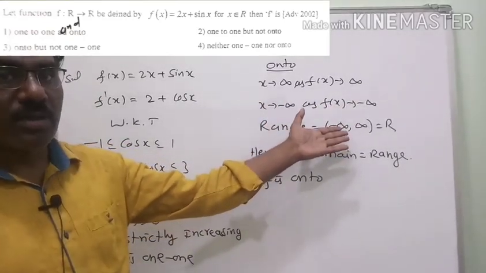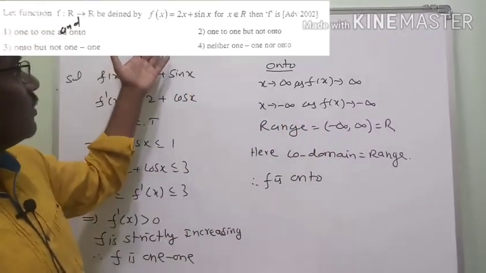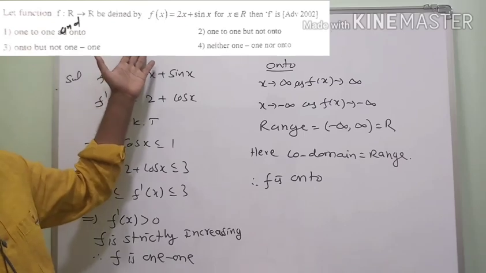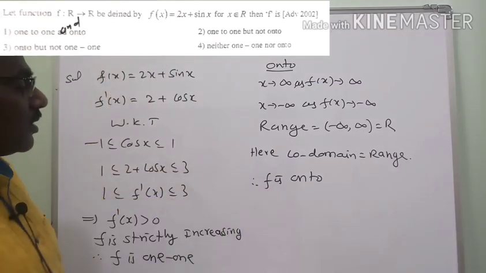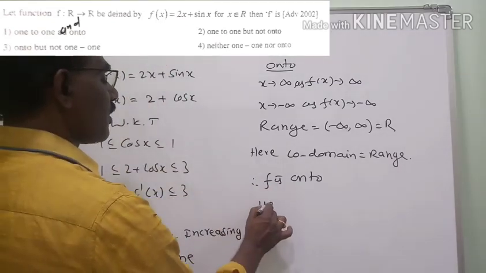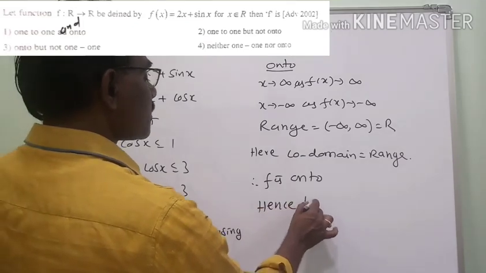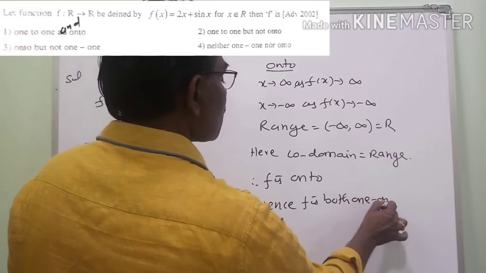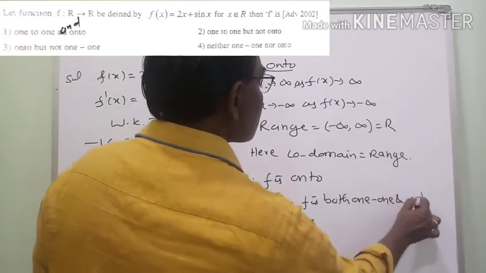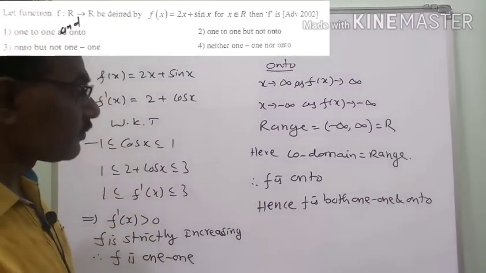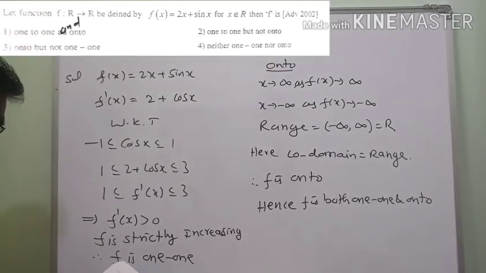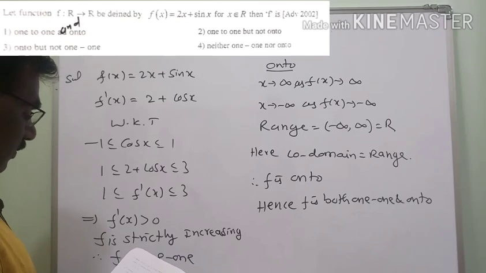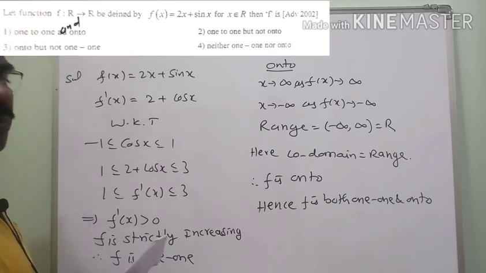The range is real numbers, and the codomain is also real numbers. So f is onto. Hence f is both one-one and onto. So the first option is correct, one-one and onto.